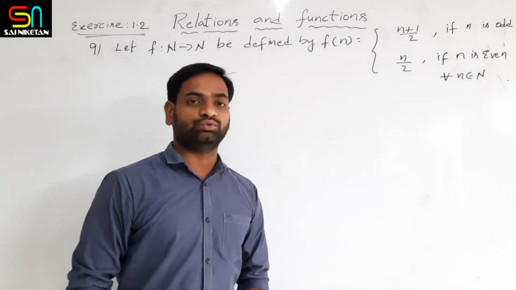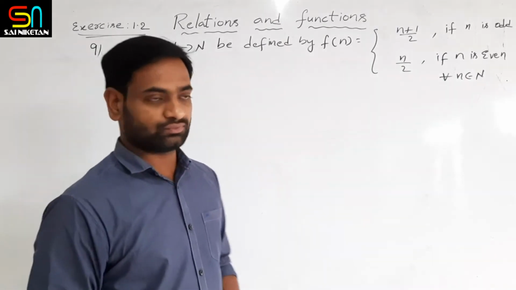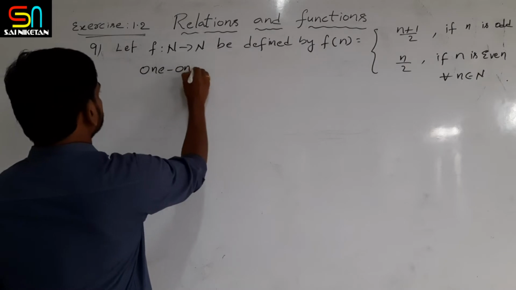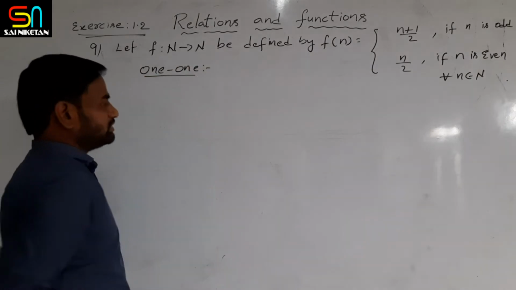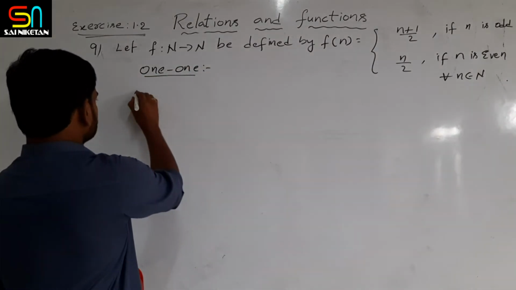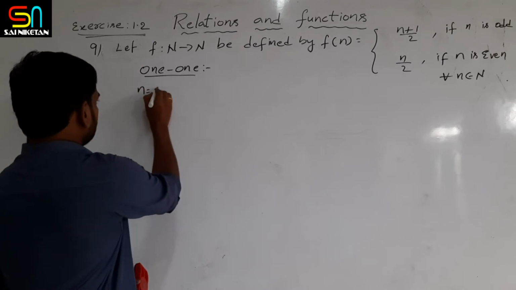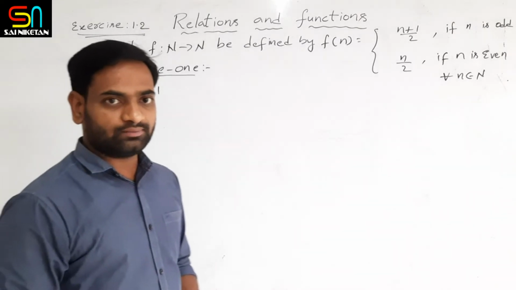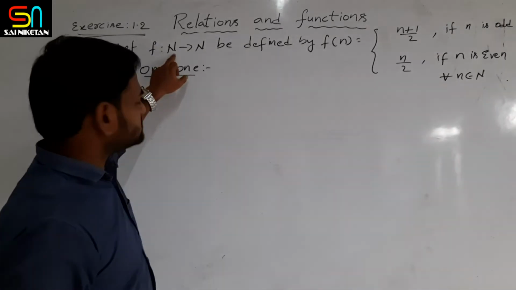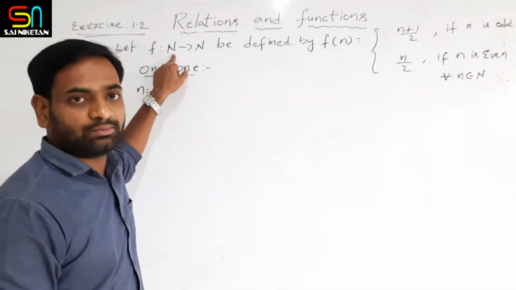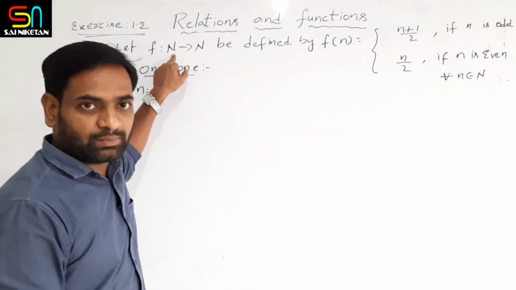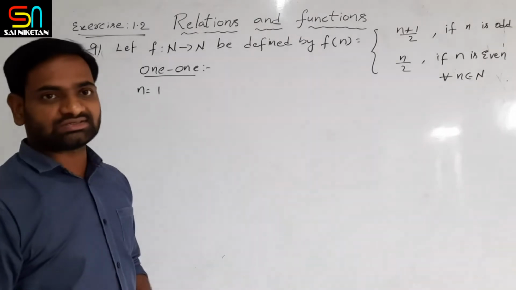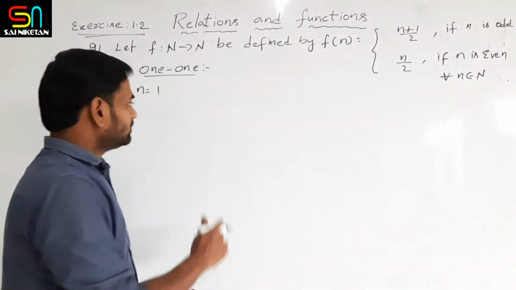To check bijective, first we have to check one-one and onto. So first I am writing one-one. See here, first I am choosing the values. Suppose n value is 1. Why am I taking from 1 only? Because the domain is natural numbers. The natural numbers start from 1. So n value 1. Now this one is even or odd? It is an odd number.